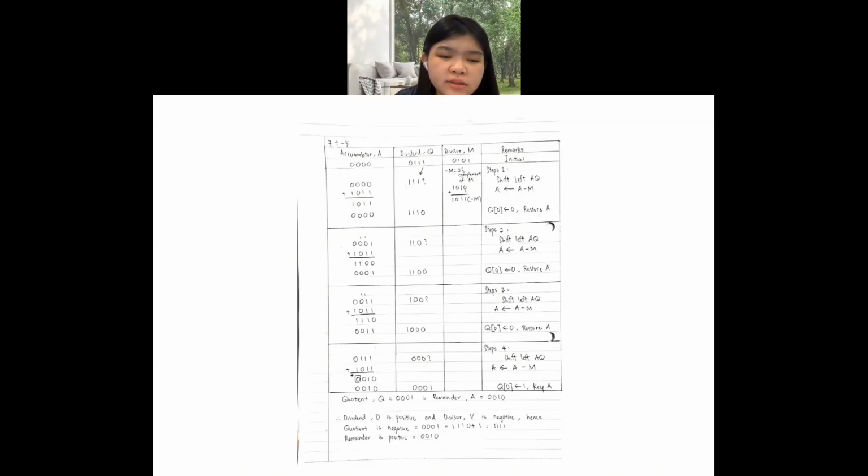Since the dividend D is positive, which is 7, and the divisor is negative, which is negative 5, the quotient is negative, so we take the 2's complement and get 1111 for our quotient. The remainder is positive, which is equal to 0010. That's all for question 3.